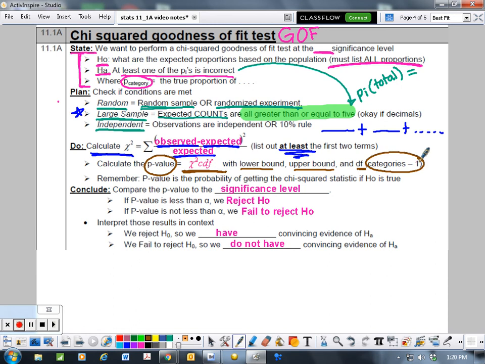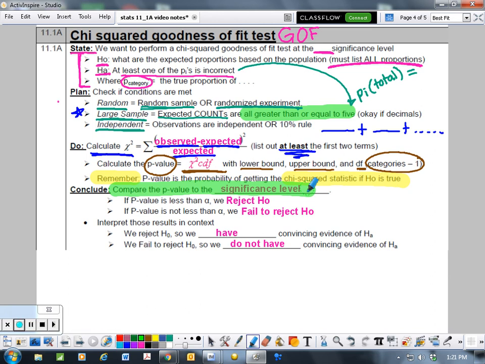Now, if we're going to interpret our p-value, this is how we interpret it. It is the probability of getting the chi-squared statistic if our null hypothesis is true. So if there's a low probability of getting that, then that means that we can reject H0. So we do that by comparing the p-value to the significance level.